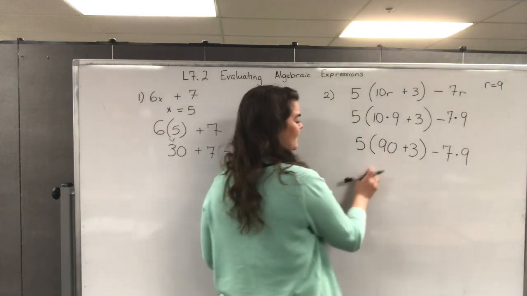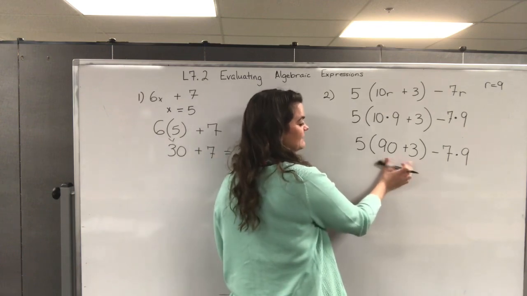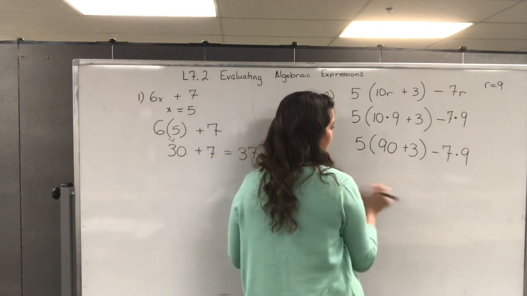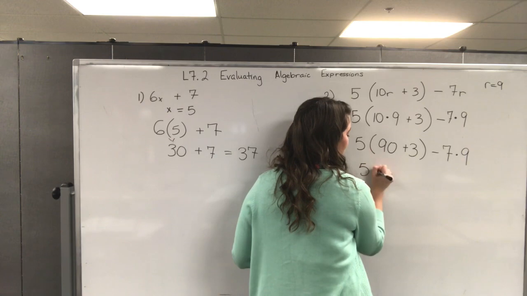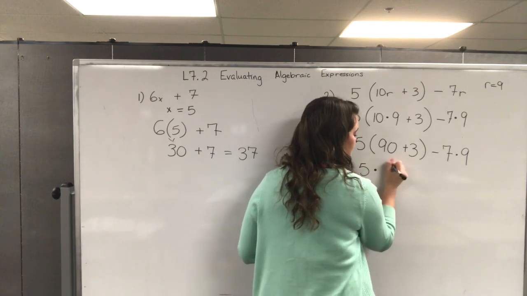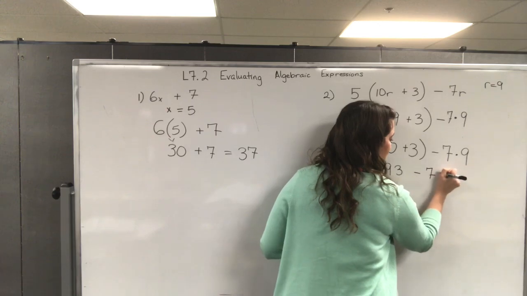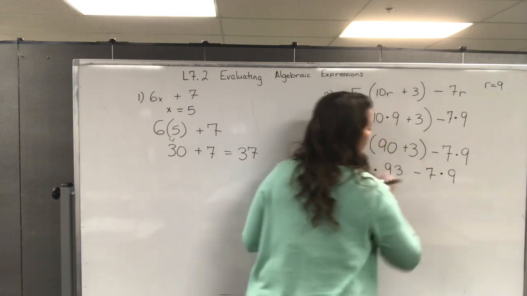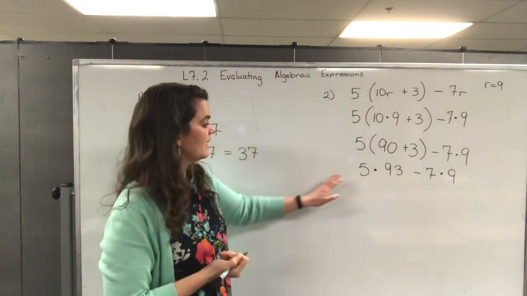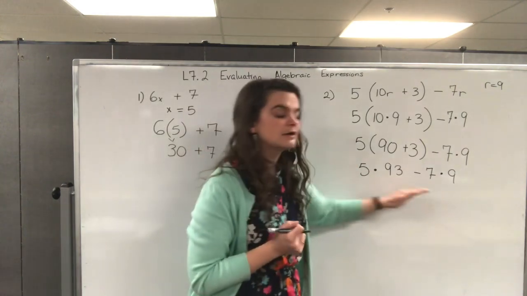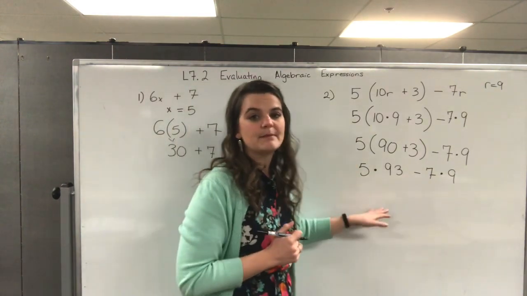So we go back to our parentheses, and now we have 90 plus 3, which is 93. So 5 times 93 minus 7 times 9. Okay?